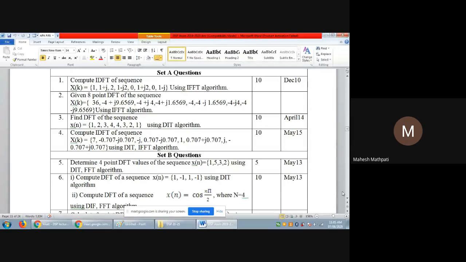Then how do you solve that? DIT only has to be used there. Getting my point? Can someone summarize? If the value is given in the form of X of k, which method are we using?